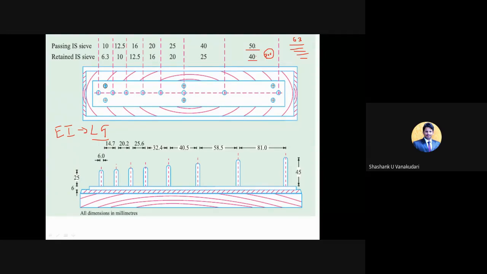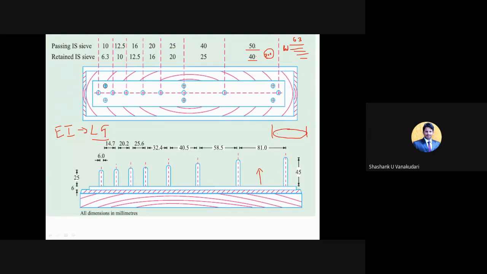That 200 particles weight you consider as capital W, and you need to pass them between these two poles lengthwise. Think that this is the aggregate; you need to pass it lengthwise. Where you get the maximum length, from that portion you need to pass it within these poles.